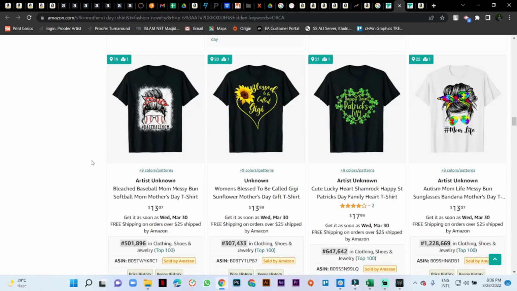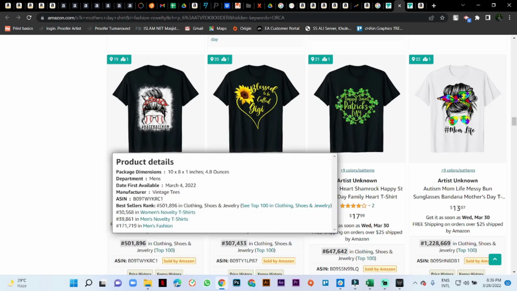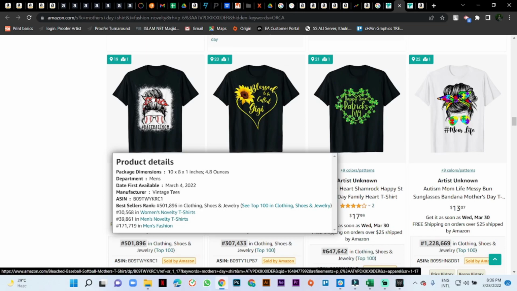So another thing, this is not directly related to the niche research. Whenever you are going for Amazon niches, and especially the designs, there are some particular things that are favored by the customers. If you talk about the women consumers, the messy bun, you can see this graphic. This graphic is known as messy bun.